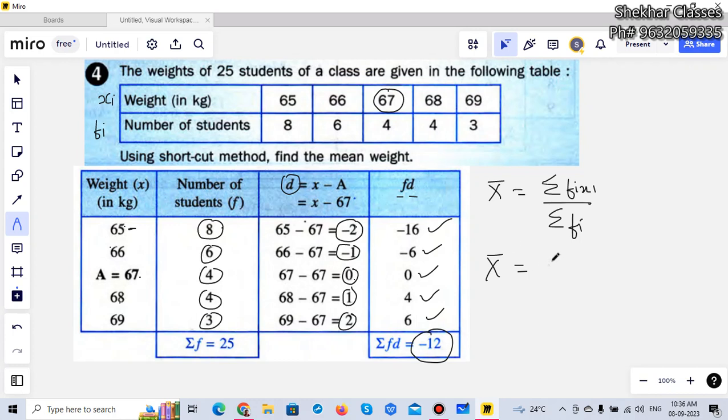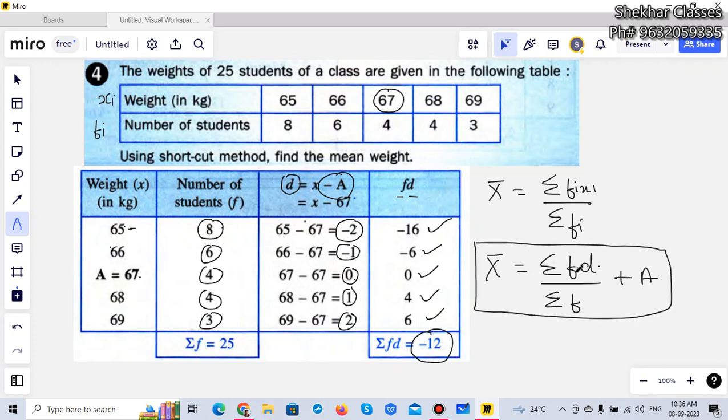So I can write sigma of fi di, or you can simply write fd, no issue, upon sigma of f. But since we have subtracted a from it, I will add a back to it. Is it clear? We have subtracted it everywhere, so I will add a, and this is the formula for the shortcut method. So you may be aware of this.